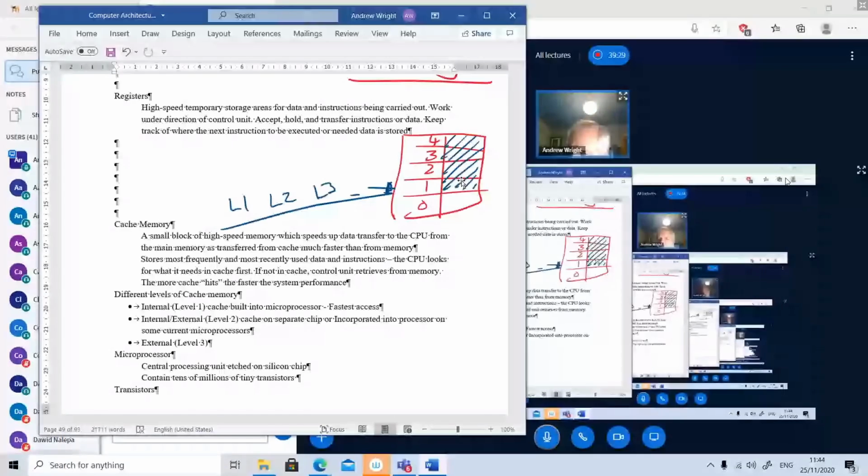So when the CPU requests an address, it not only copies that particular address into the register, it copies a very small chunk of memory into the cache memory, usually blocks of 4 or blocks of 8. If you're looking for an integer, you'll want the next 4.